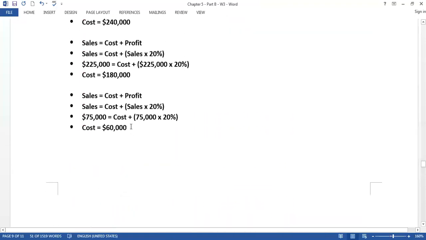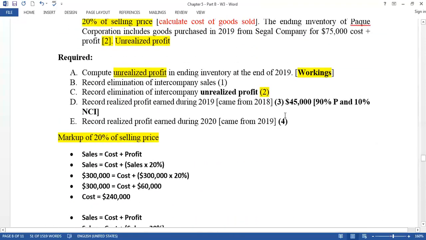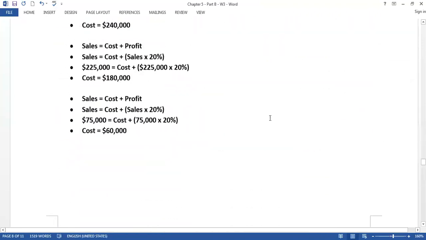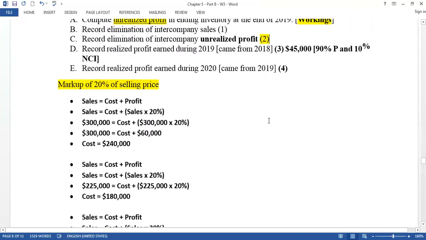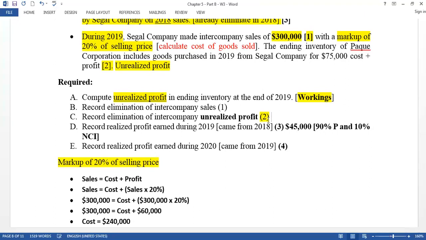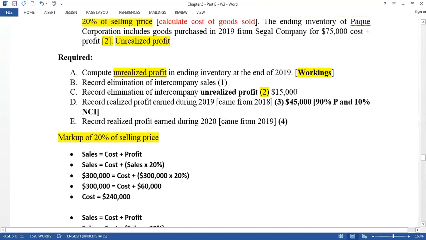Now this question, if I add this part in the question, that means part 2 already recorded the elimination. So this $15,000, okay, the $15,000 was already eliminated. Why was it eliminated? Because it is unrealized.